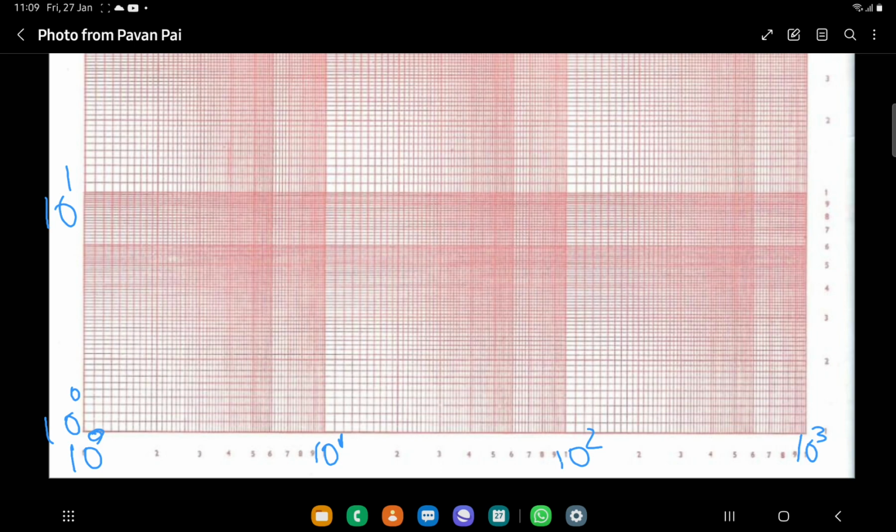For x is equal to 1, this is the x-axis, here below. Now I'll mark the x-axis. See, this is the x-axis and the one above is the y-axis. Now x is equal to 1 is nothing but 10 power 0. That is the first point. That itself is like the origin in our normal graph, but here it's 10 power 0, and the value of y is 4.